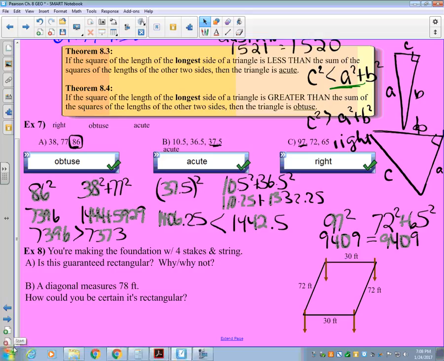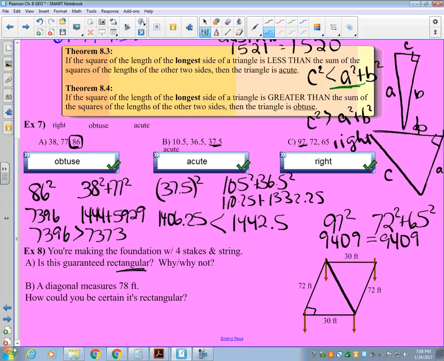All right. Example 8. You're making the foundation with 4 stakes and string. So we got 4 stakes here, and we got the string that goes around. Got a little rectangle. Is this guaranteed rectangular? Why or why not? So let's go ahead. If it's rectangular, then it makes a 90-degree angle.